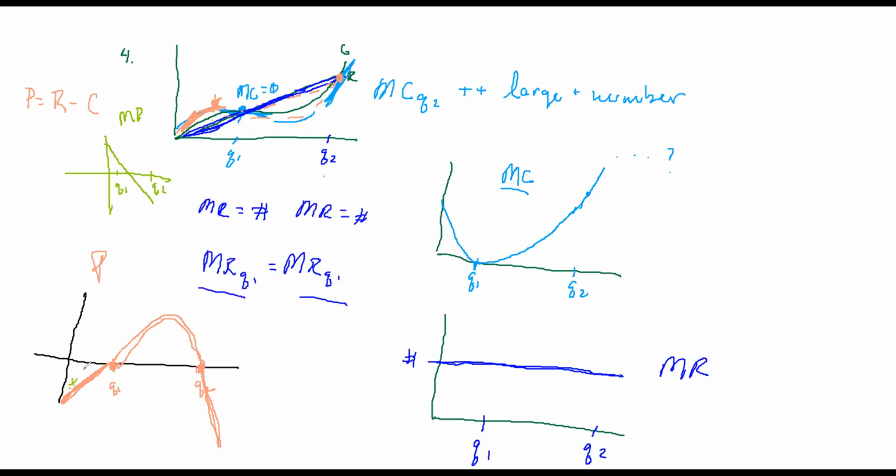Because this is positive, positive, positive, positive, positive, negative, negative, negative, negative. So Q1 is going to be about right here. Q2 is going to be about right here. The place where the profit is maximized is right here. This is the biggest profit that we can possibly have, and that is where the marginal profit is equal to 0.